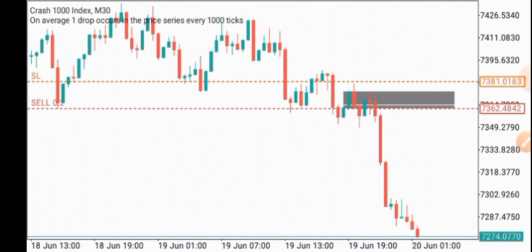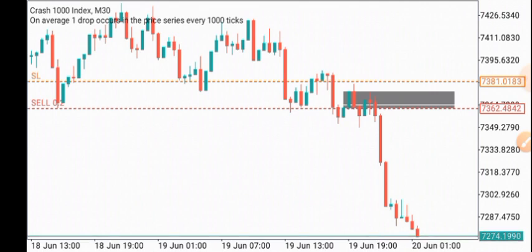Now, how the order block works is that the big boys, the big players in the markets, the banks, they make their orders in the market. So this last opposing candle actually gives you an insight.